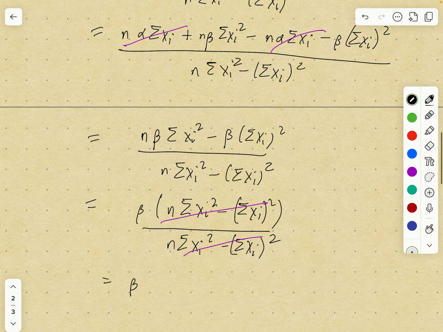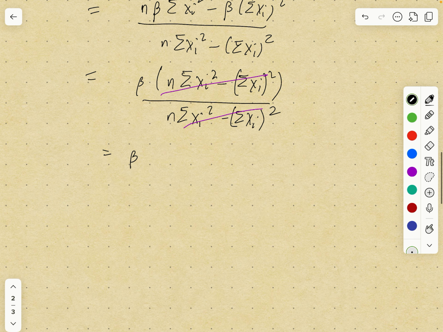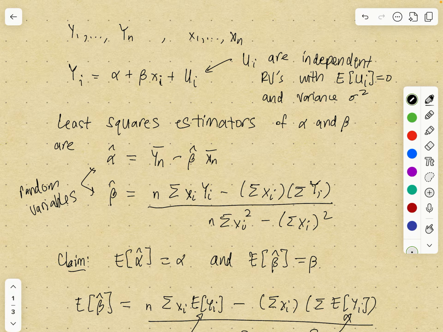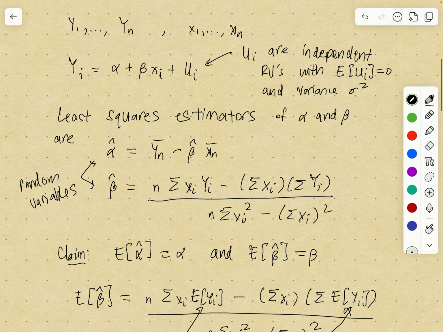Now from that, we can deduce that the expectation of alpha hat is equal to alpha. So let's see why. The expectation of alpha hat: alpha hat was yn bar minus beta hat times xn bar. Here your random variable is yn bar, right?